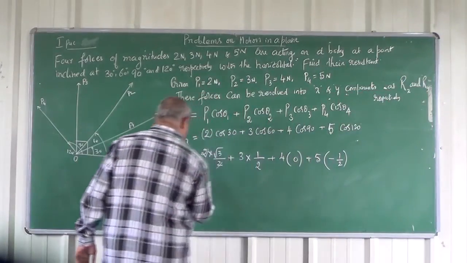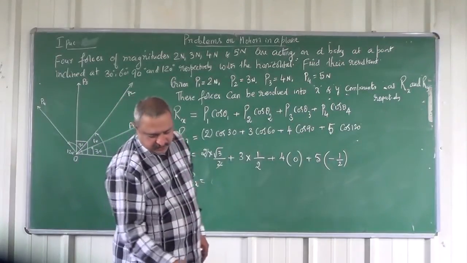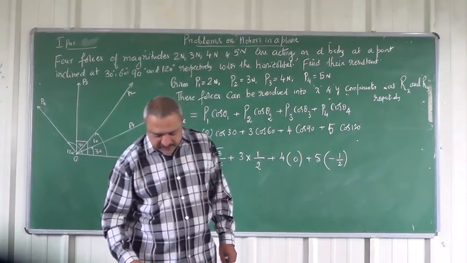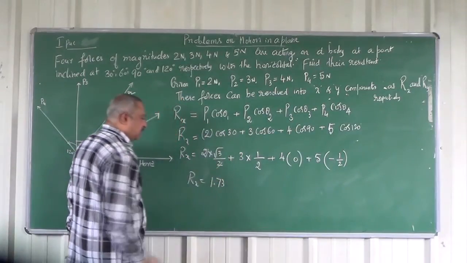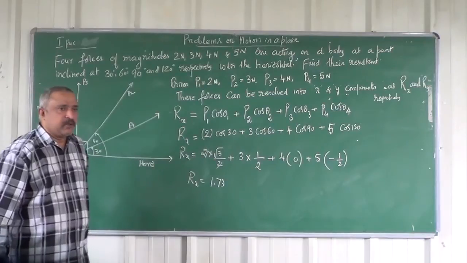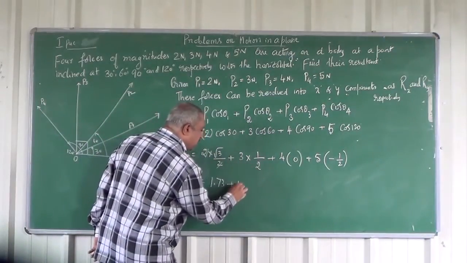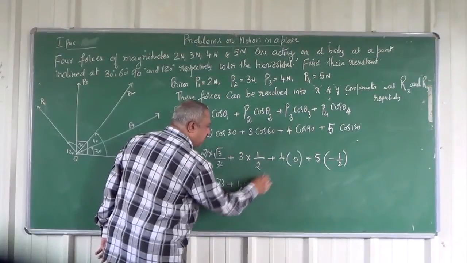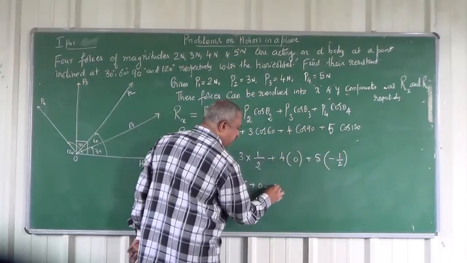So 2 and 2 cancel. Rx equals root 3, which is 1.73. I thought of taking 3 decimal places. No problem. Plus 3 by 2 is 1.5, plus 0, minus 5 by 2.